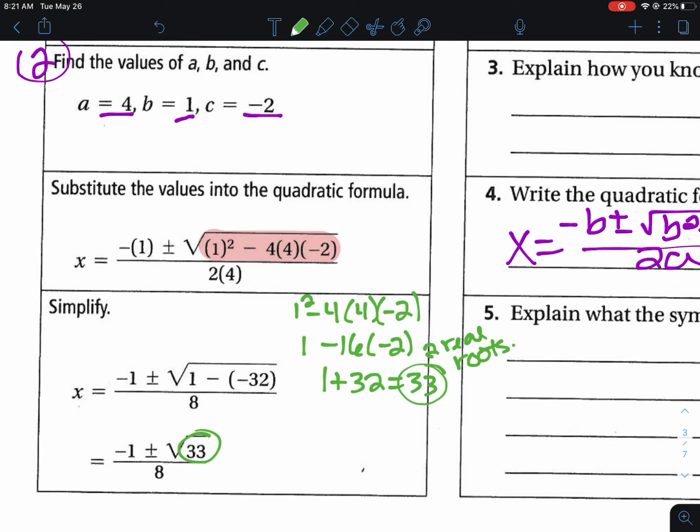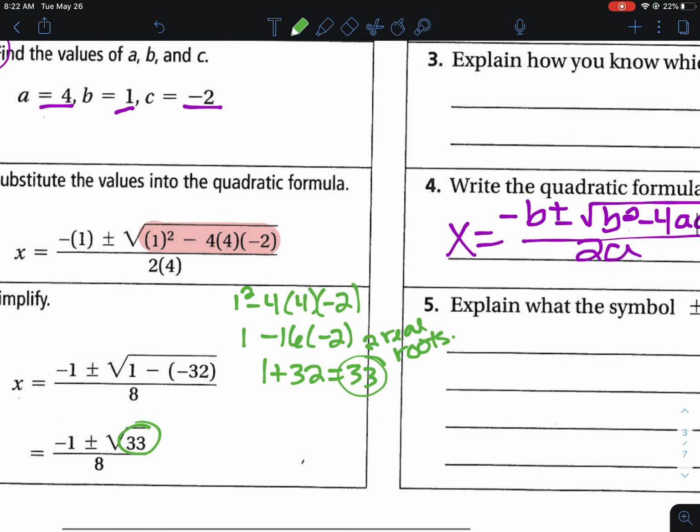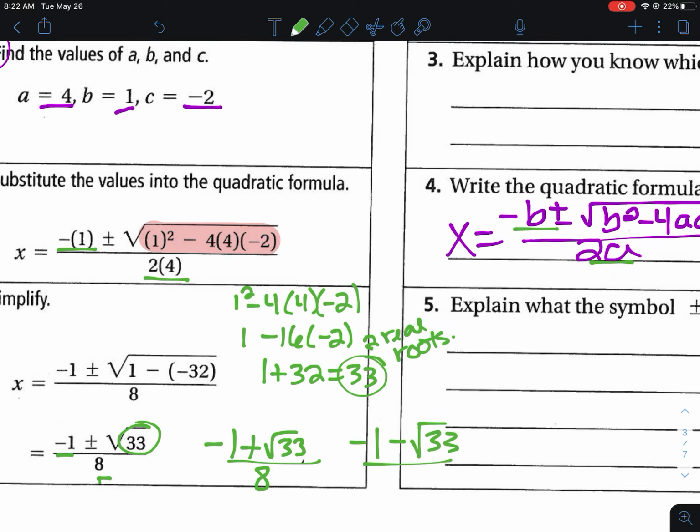So now that we know that, you can just plop 33 under the radical, and then the other parts are simple. Negative b is negative 1, and 2 times a would be 2 times 4, so we have negative 1 and 8 right there. Remember it's really 2 separate answers, negative 1 plus the square root of 33 over 8, and negative 1 minus the square root of 33 over 8.